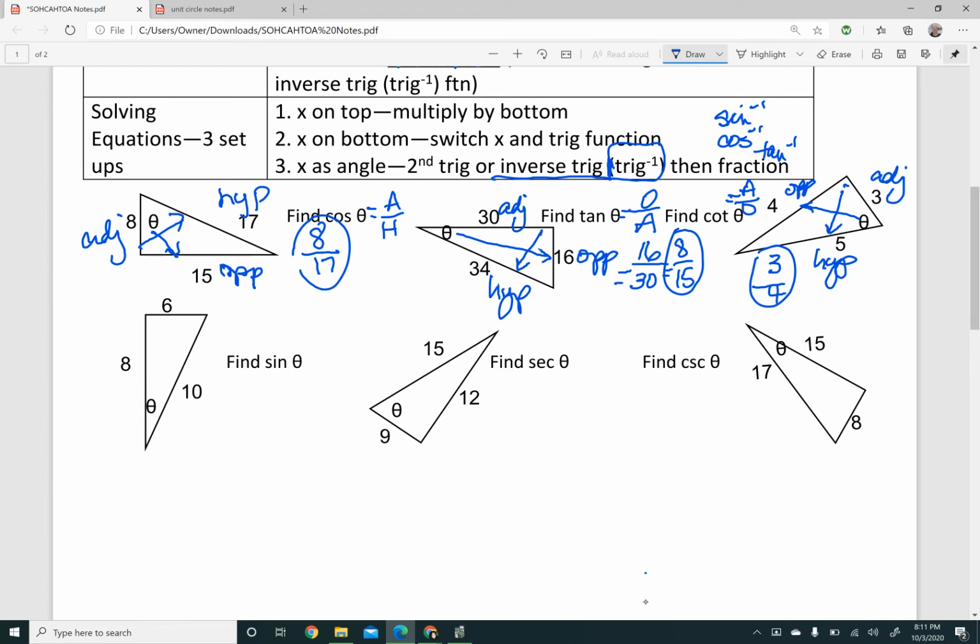The sine of theta, well, here's the opposite. Here's the hypotenuse. Here's the adjacent. So sine is opposite over hypotenuse, which would be 6 over 10, which reduces to 3 over 5. Secant is hypotenuse over, what did we say? Let's look at it, because those don't go along with our SOHCAHTOA.